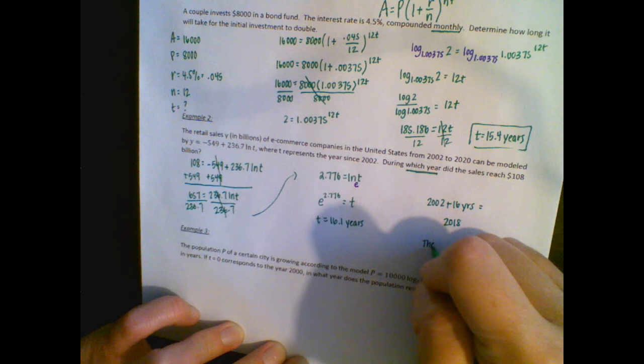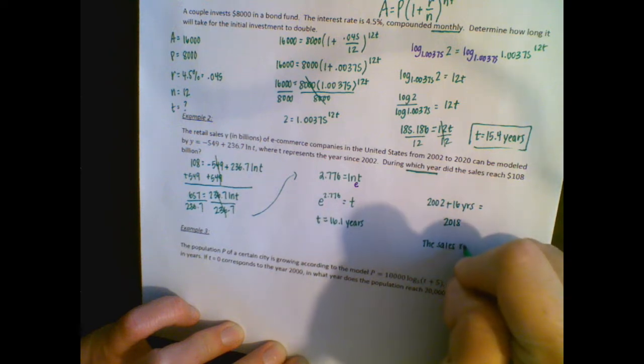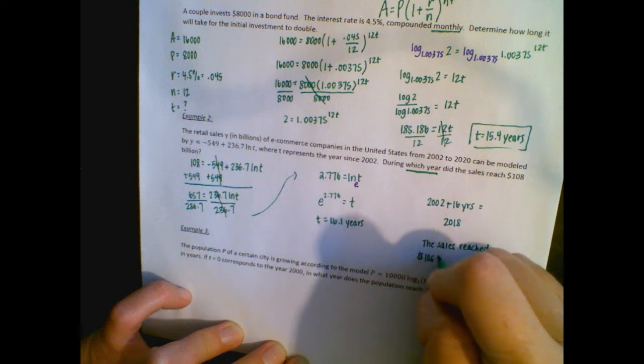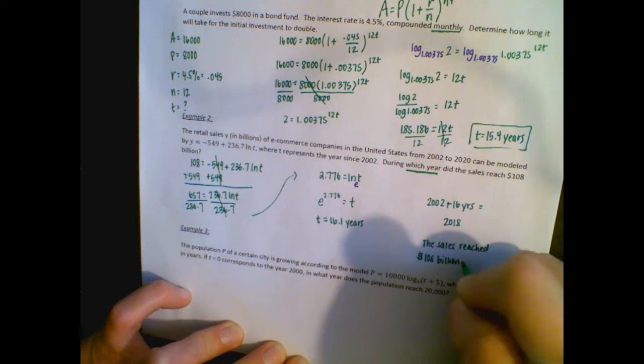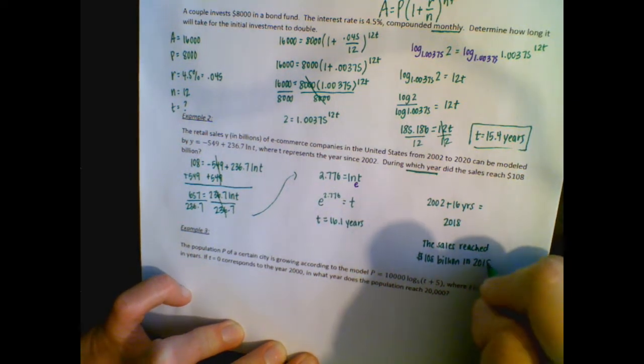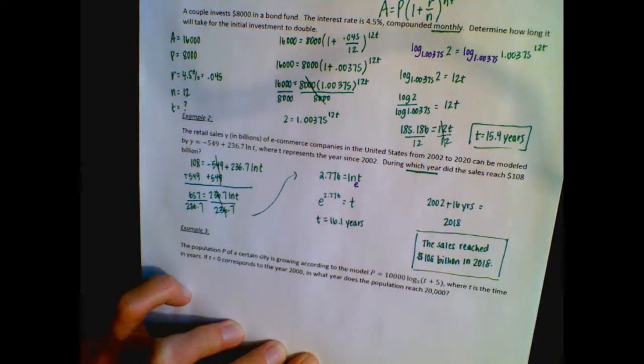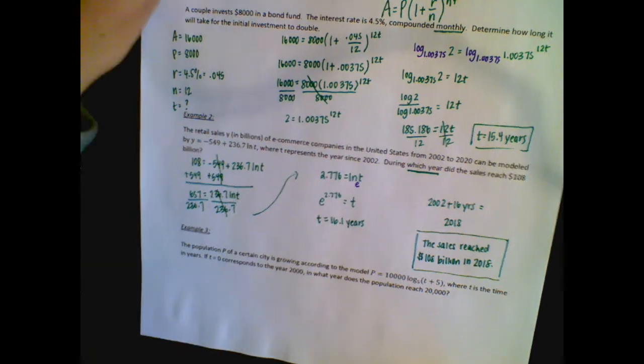So I'm going to say the sales reached 108 billion in 2018. So to fully answer that question, to write myself a little sentence here, the sales reached 108 billion in the year 2018.